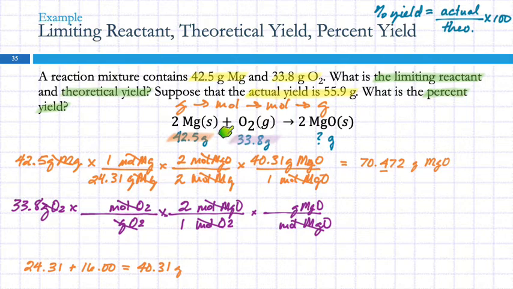Oxygen, its formula here is O2 because it's a diatomic element, and so the molar mass for that is 2 times 16, which is 32 grams. So 1 mole of oxygen weighs 32 grams. And look at this guy at the end.